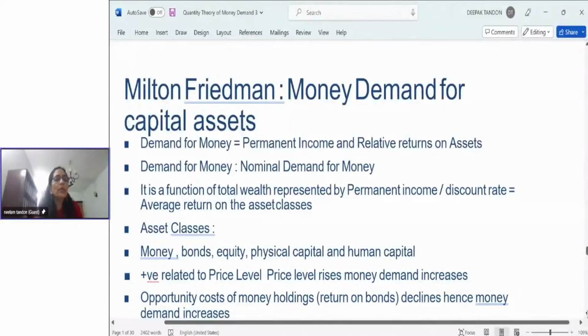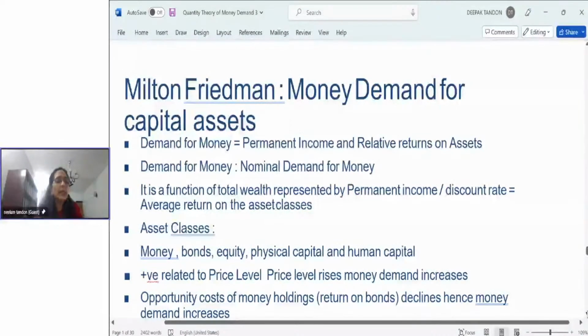And number 2, he spoke about demand for money. Now, Keynes spoke about money, or prior people spoke about money, from which perspective? Nominal income, isn't it? Nominal income, because we had multiplied price level into Y. So it was nominal income. But Milton Friedman introduced permanent income. What is permanent income?